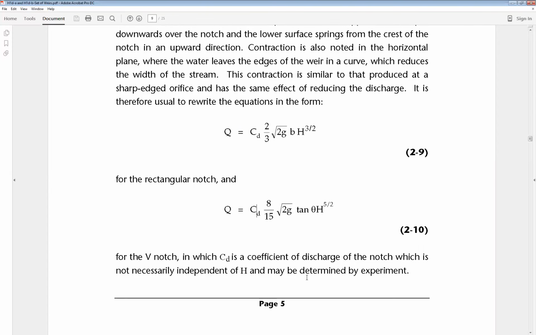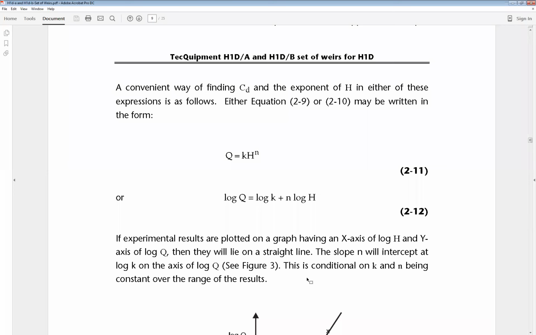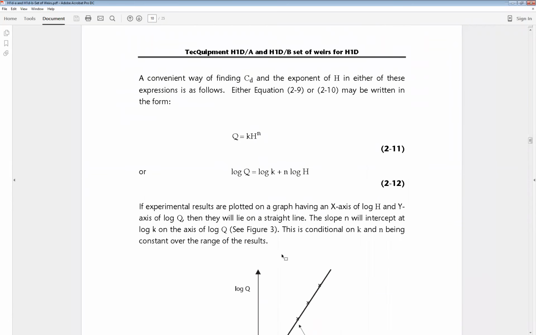Okay, so with that introduction, let's see how we can do this. Normally, there are two methods to calculate that parameter CD, and to run the test, we can either use the linearization of the formula or directly use the nonlinear formula.